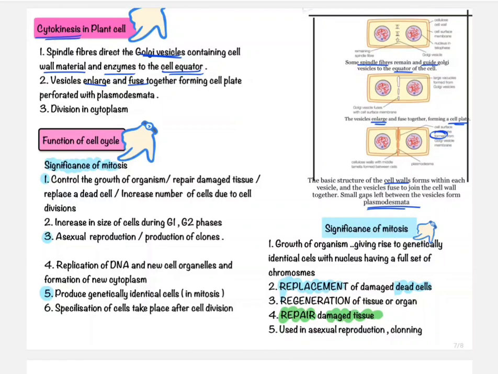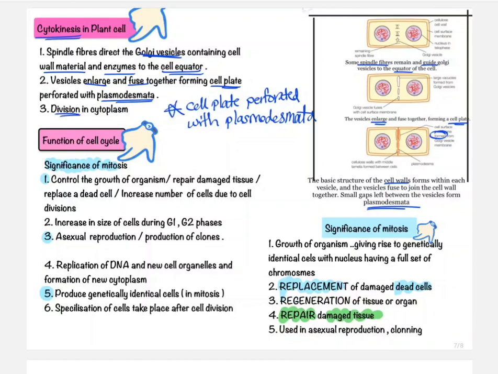So the spindle fibers direct the Golgi vesicles containing cell wall material and enzymes to the cell equator, and those vesicles enlarge and fuse together, forming a cell plate perforated with plasmodesmata, also called plasmodesma.